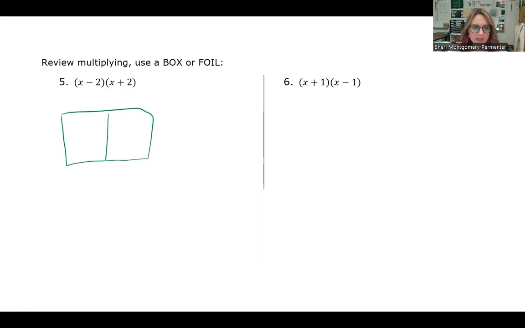My box is kind of crazy, but that's okay. You create a box and you put one of the factors along the top and one of them along the bottom. And we will multiply.